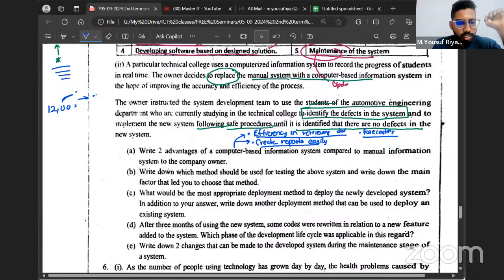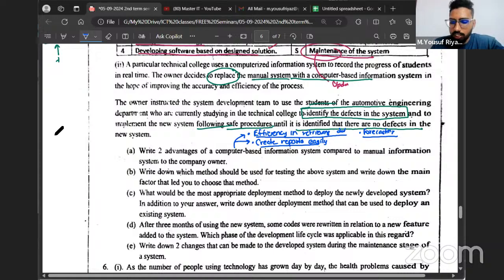By mistake, they scanned the wrong one, and 12,000 became some 5 or 6,000. So indirectly, he had to pay the difference because he made that mistake. Again, he used a computer-based system, but it's called a data entry error. So that can happen. Accuracy is correct, but I will not accept accuracy as one of the suitable answers, because you can maintain accuracy in a manual system as well.